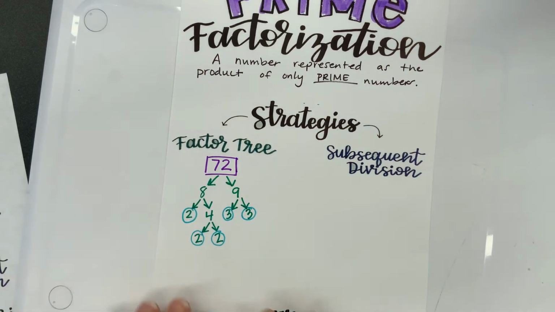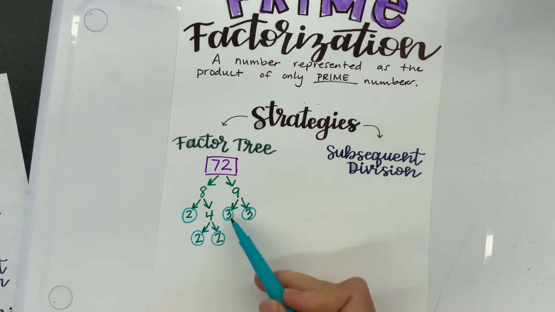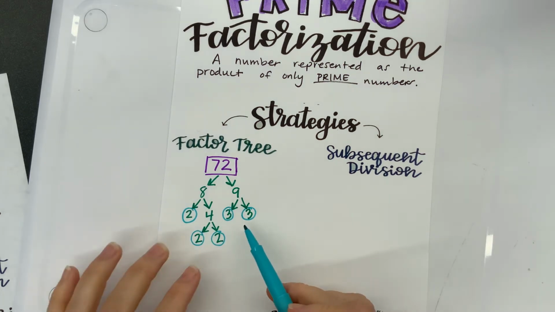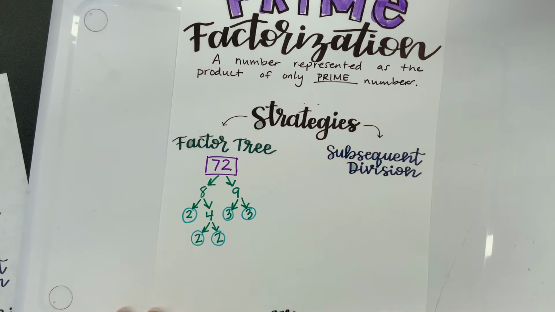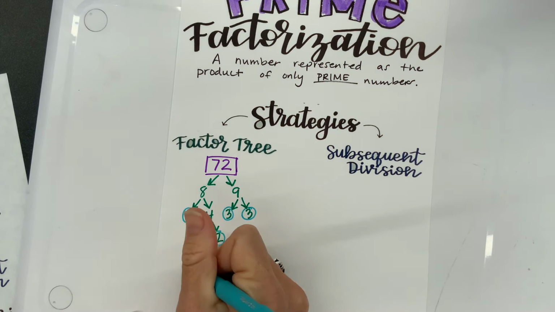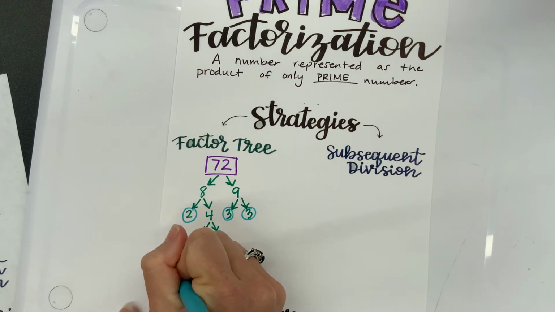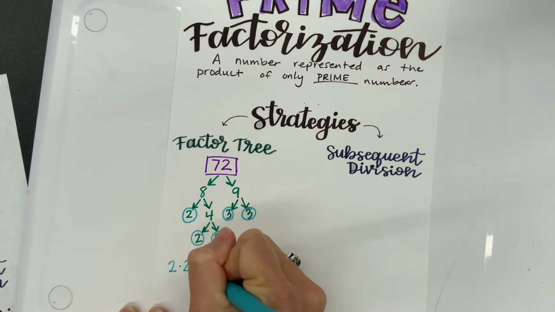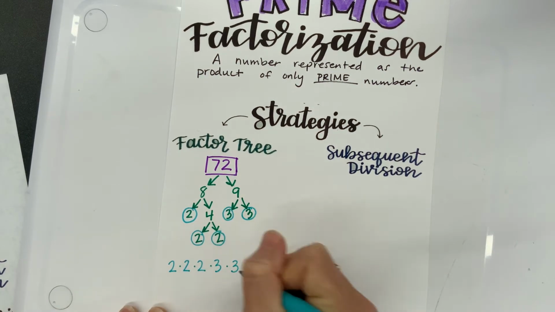Now, once I have gotten down into the base ingredients, or the prime numbers, I'm then going to take those numbers and line them out and organize them from smallest to largest, grouping together those numbers. Now, these ones are already in their order, but they wouldn't always necessarily be in order. So this is 2 times 2 times 2 times 3 times 3.